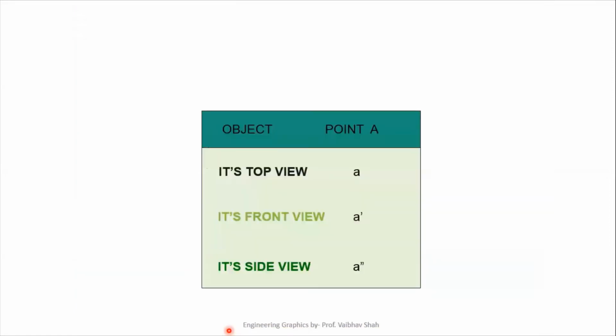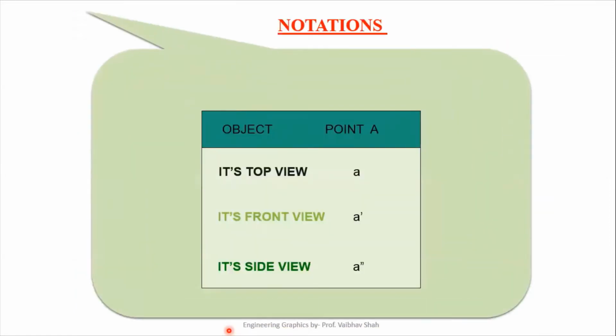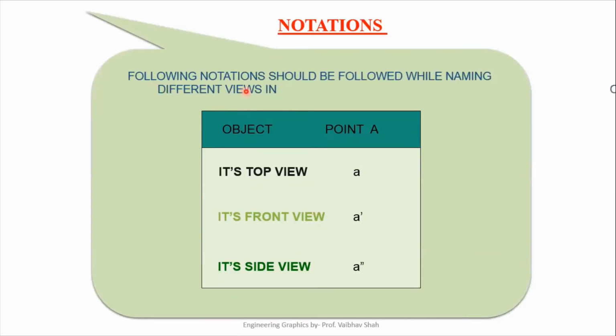Before moving ahead, we must understand the notations. The following notations should be followed while naming different views in orthographic projection. Our object is point A and we can have 3 views: top view, front view and side view.